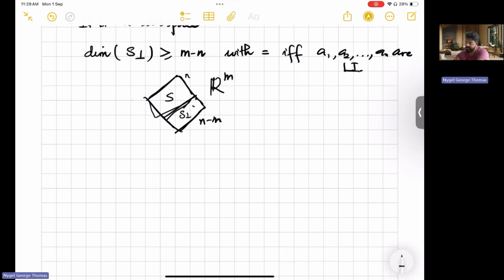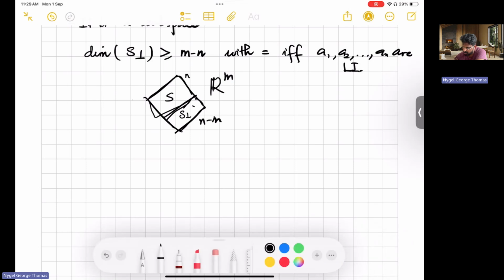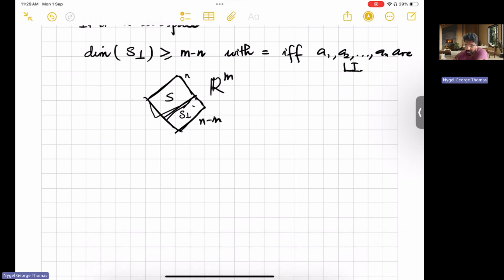Interesting question, right? I think the answer to that is no, you can't. You need a separate set of vectors. Whatever linear combinations you take in S, it doesn't take you out of the space. You're always confined to the space. So whenever you have to represent a vector which is there in the orthogonal complement set of S, you have to use another set of vectors. That is a question which we can think about later as well.